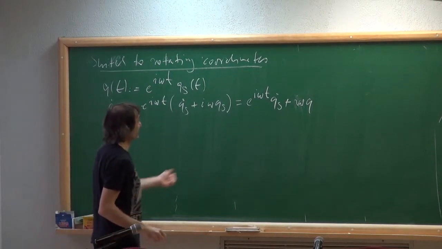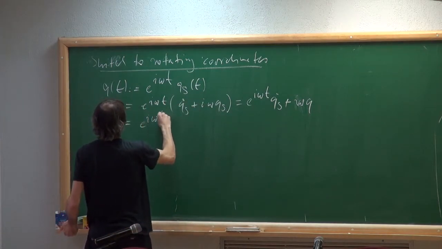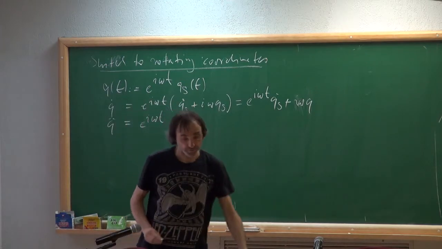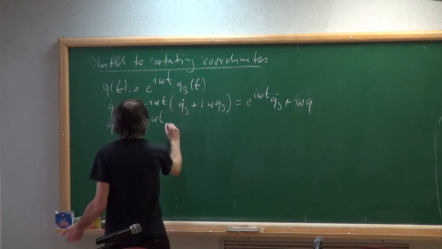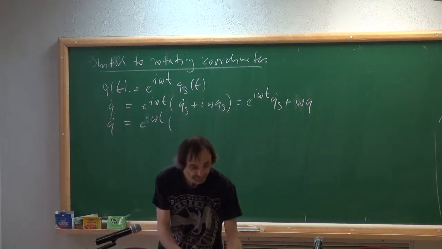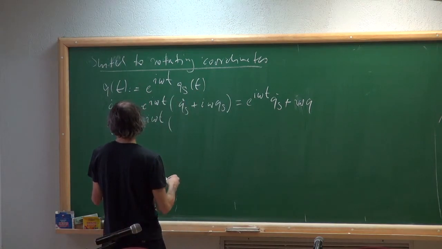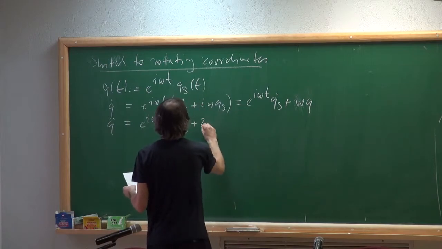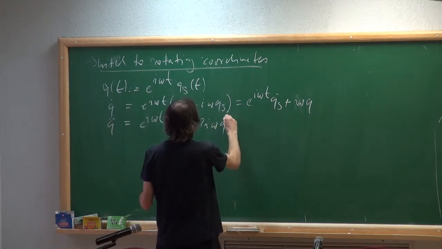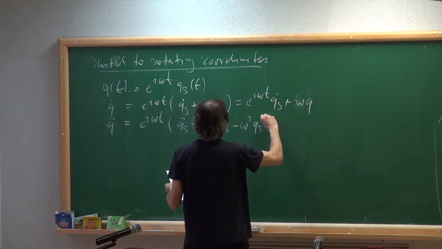I need to take a derivative of this one. I'll do it from this form here. Let me copy it, otherwise I will screw it up. So I get e to the i omega t times qs double dot plus 2i omega qs dot minus omega squared qs.